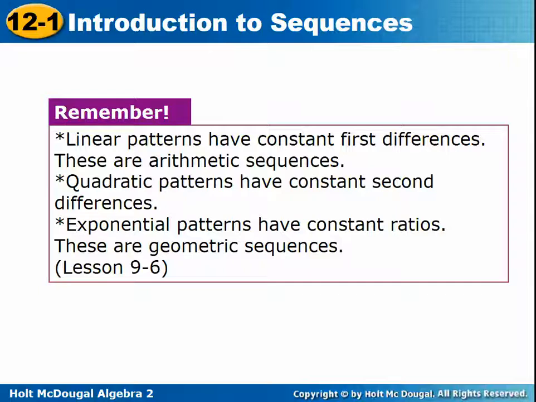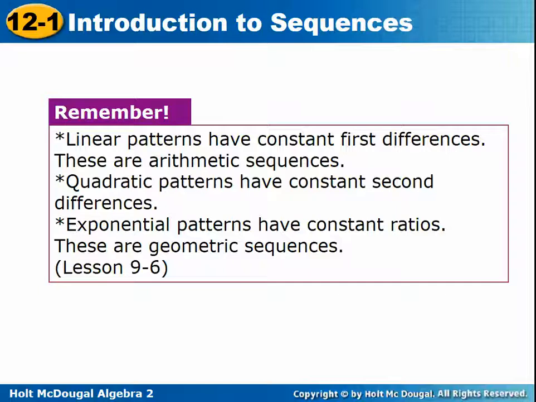But the ones that we're going to look at are when we have a linear pattern, or if we have an exponential pattern. Now, quadratic patterns, we've looked at those before. They have constant second differences, but they don't match with an arithmetic or a geometric sequence that we know a nice explicit formula for.